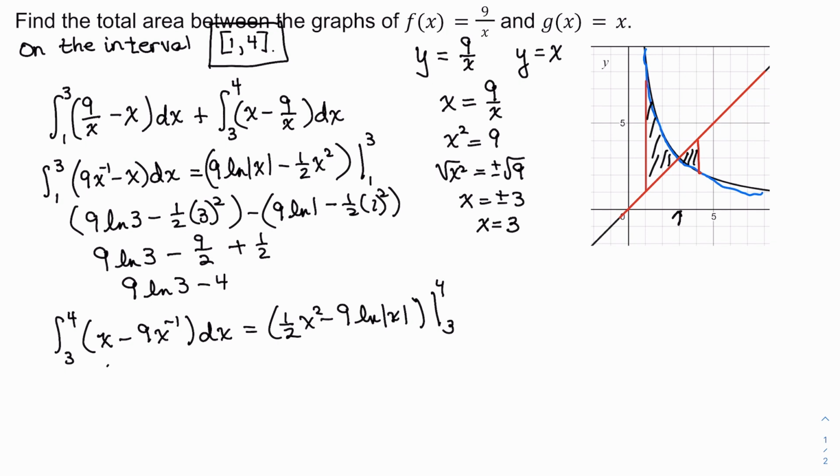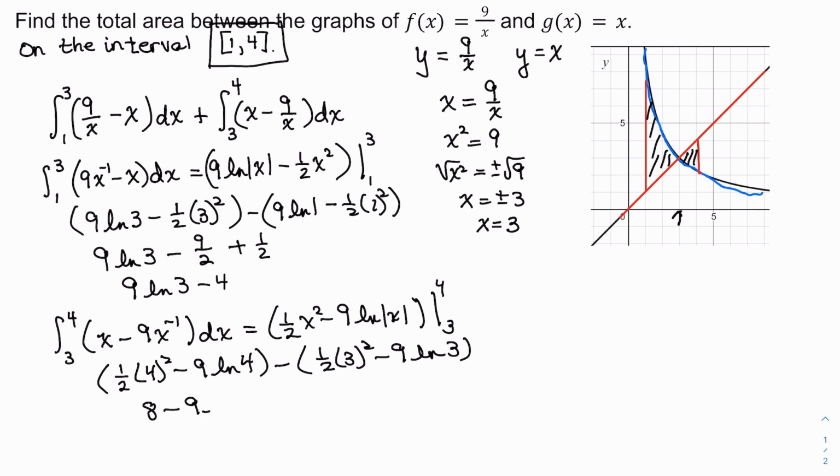We have 1/2 times 4 squared minus 9 times the natural log of 4, and then minus 1/2 times 3 squared minus 9 times the natural log of 3. So 4 squared is 16, half of 16 is 8, minus 9 times the natural log of 4, and then I get a negative 9/2 and plus 9 times the natural log of 3.